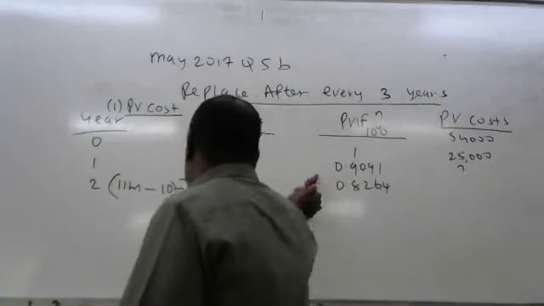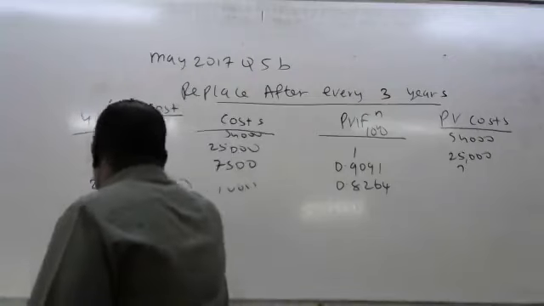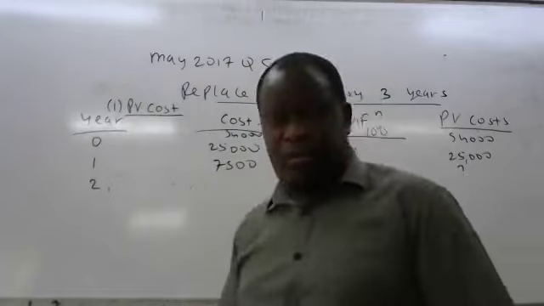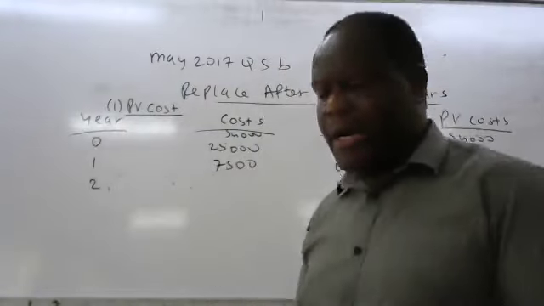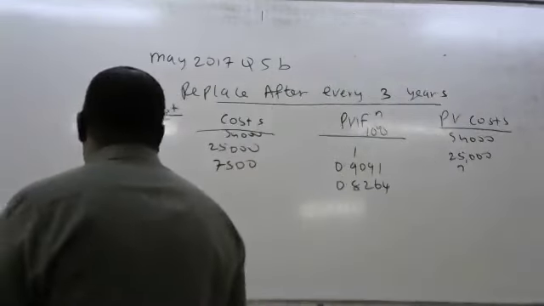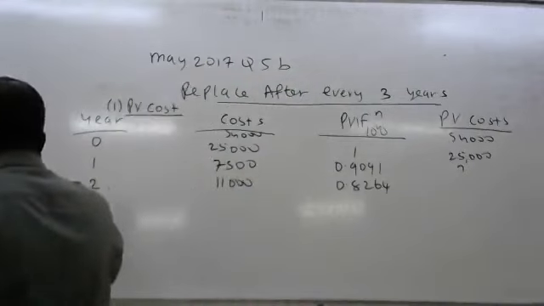Year 0 will not change. Year 1 will not change. Year 2 will only have the maintenance cost, which is 11 millions. And now we factor in year 3.